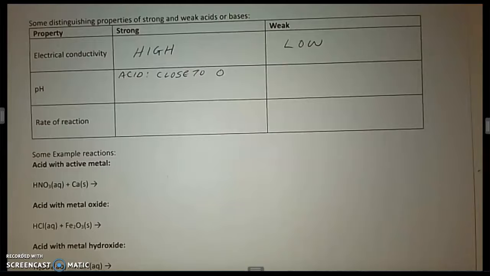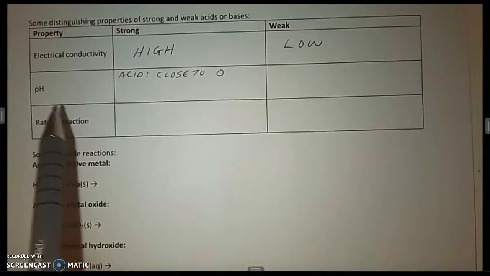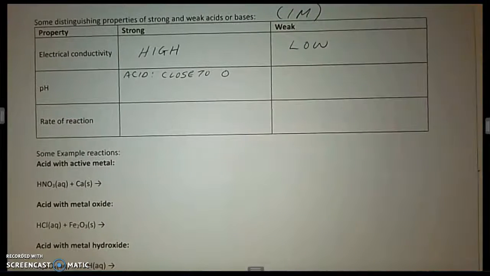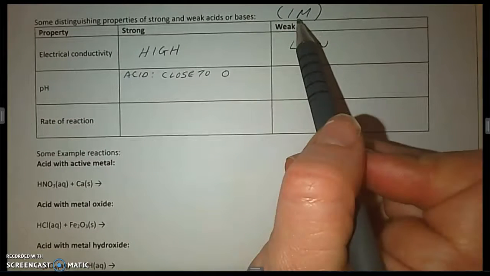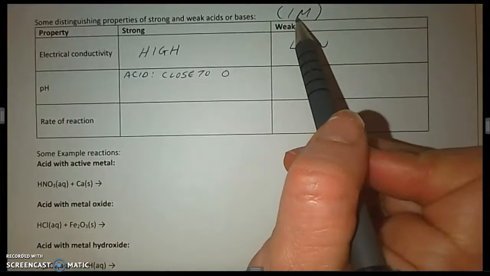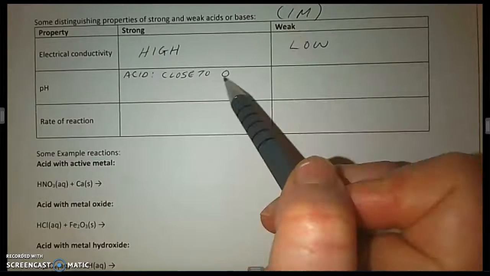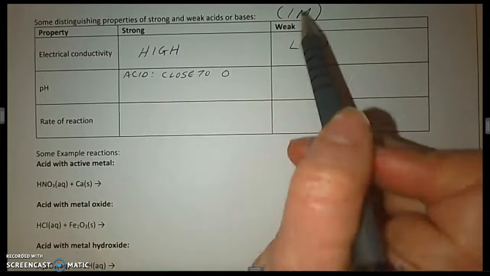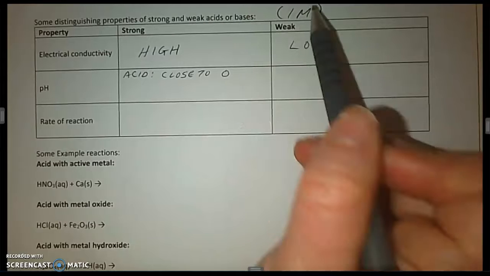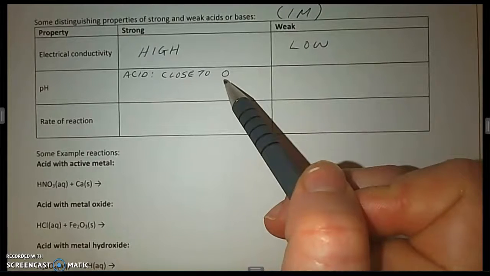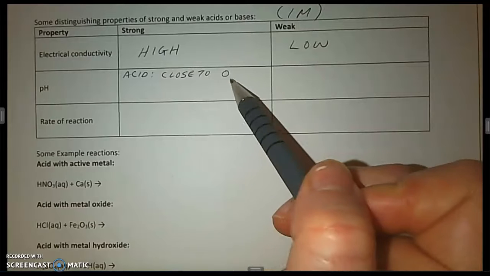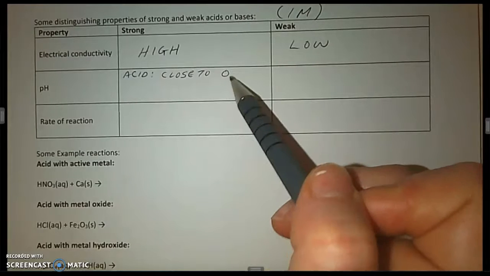Although when we talk about these properties, usually we're talking about a 1 mole per liter solution. So the lowest possible pH of a 1 molar solution is 0. So if you have a 1 molar solution of hydrochloric acid, it's going to have a pH of 0. And then a 0.1 mole per liter solution of hydrochloric acid would have a pH of 1.